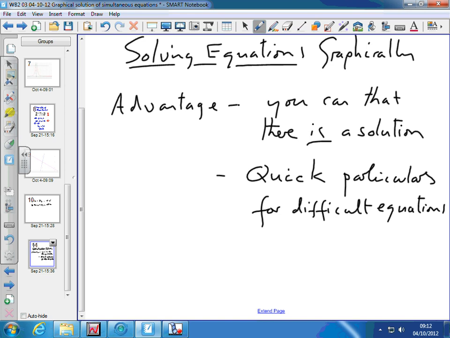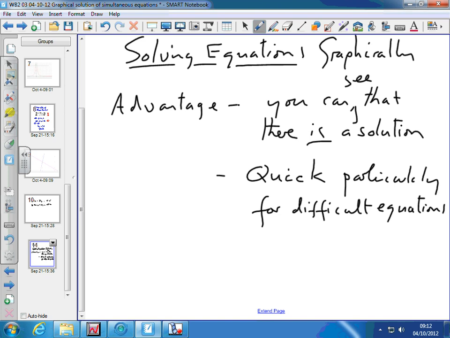I would probably fall back on the graphical method to solve it. Okay, so it's quick, particularly for difficult equations. Yeah, I know, I'm being very lazy, aren't I? What else have I done? Oh yeah, you can see that.